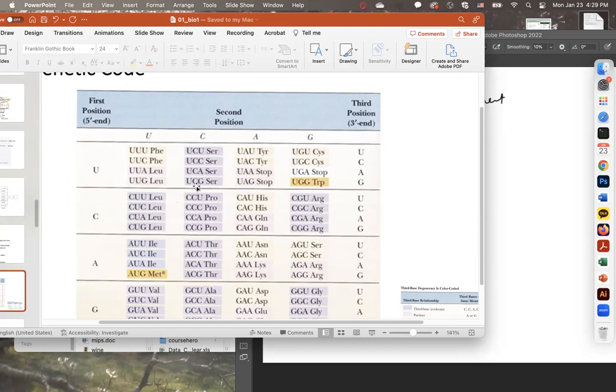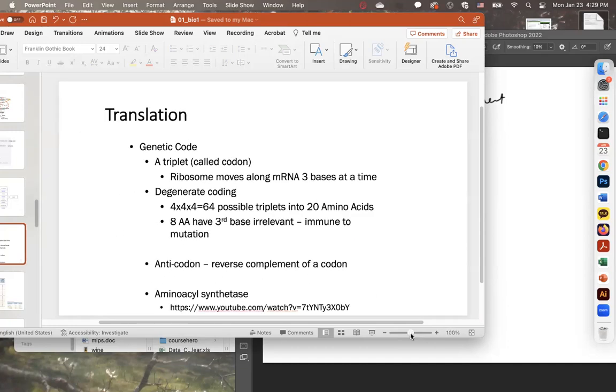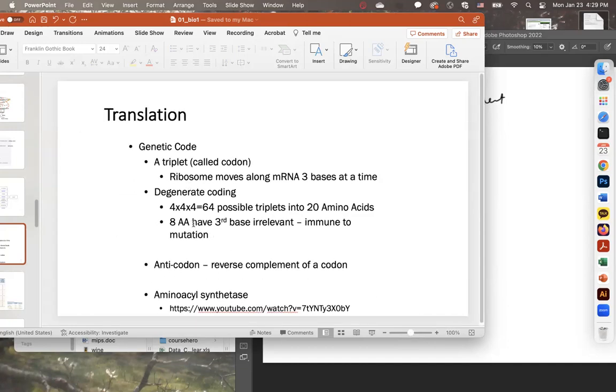And all of these produce proline, glycine, and arginine. Arginine, actually 6 of them. So this is a degenerate coding mapping. From 64 possible triple codons, you only have 20 amino acids that they produce.